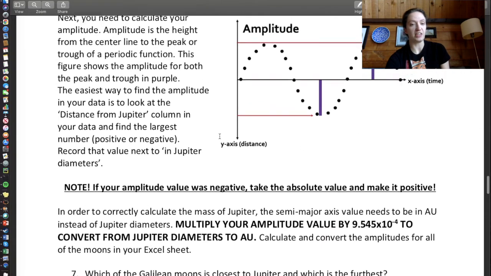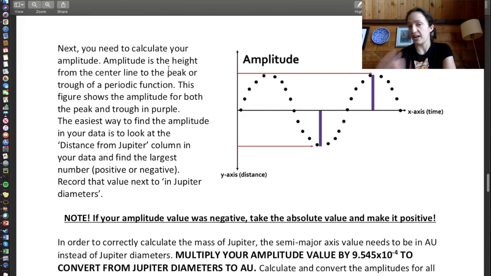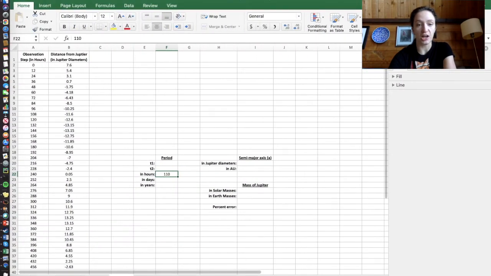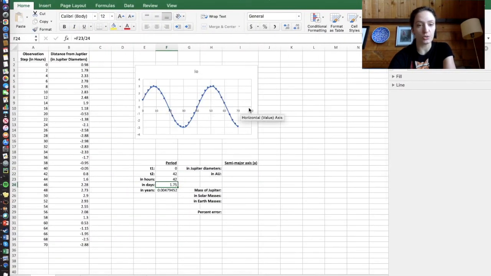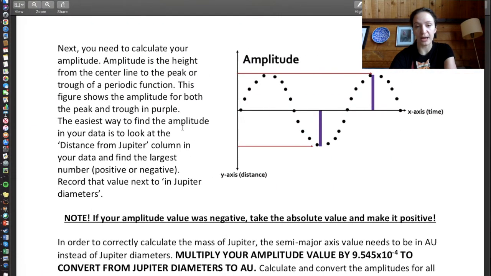Now you're going to calculate the amplitude. So like I said, I would go over what the amplitude is. The amplitude is the distance from your x-axis, which for us is our time. The x-axis is always the one that goes horizontally. So it's the distance from this up to the peak or down to the trough in your wave pattern.